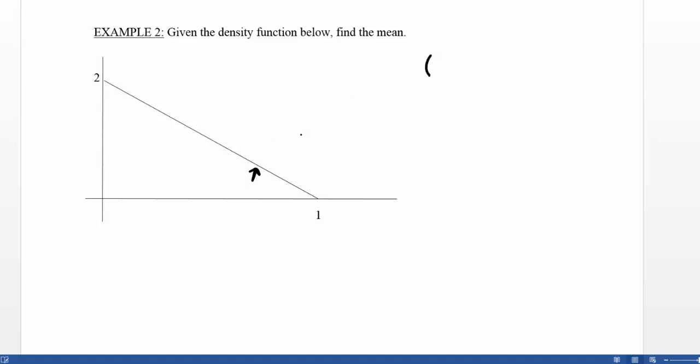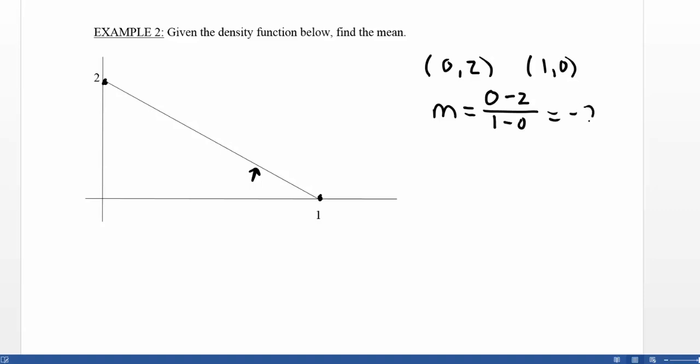Again, if I have a line, I need 2 points on my line. The first point is (0, 2), and the second point is (1, 0). To get the slope of the line, I'm going to do change in y over change in x. So 0 minus 2 over 1 minus 0 gives me a slope of negative 2.